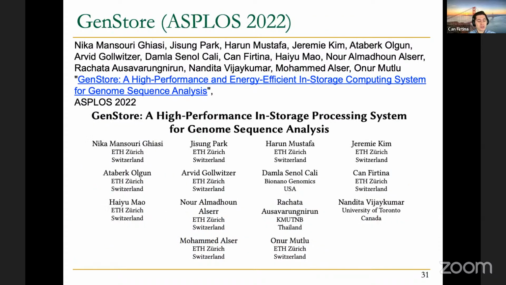We also have GenStore, which uses SSDs, the flash storage, or in storage, so that we don't have to move the data from the disk to memory, because we can do some of the analysis in the storage as well. This means that we reduce data movement significantly, which eventually reduces the energy usage and improves the performance of the entire genome analysis.